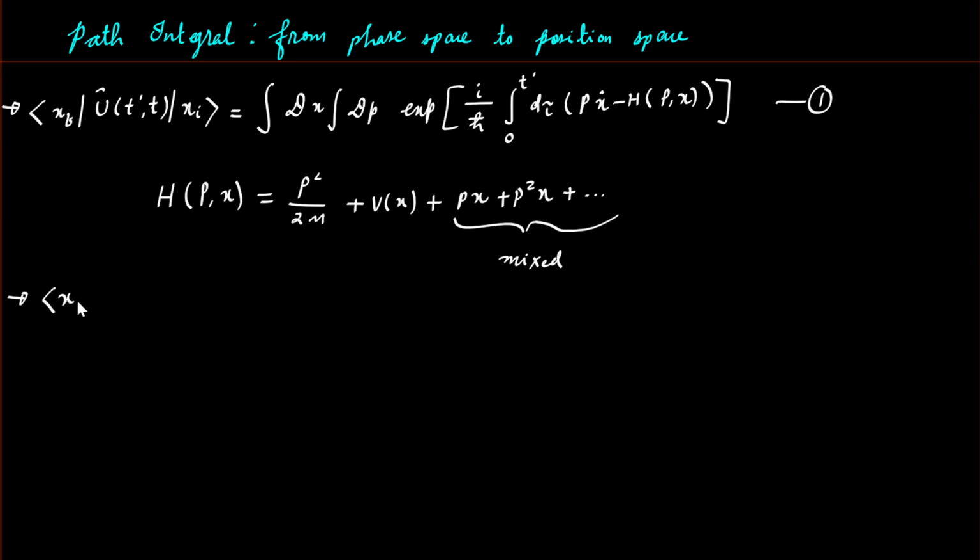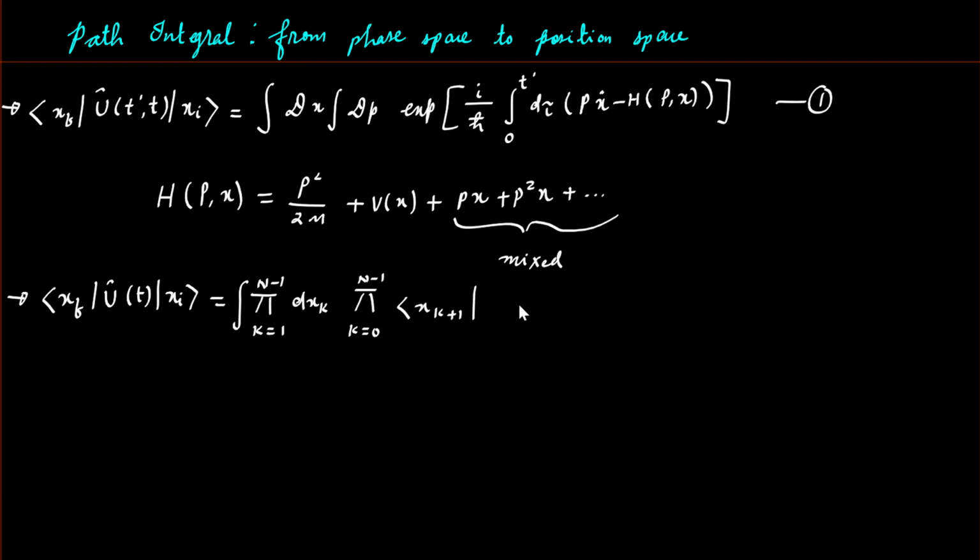We have the equation of the form: the amplitude of x_f, e to the power minus i delta t over h cross times the Hamiltonian operator, x_i, is equal to the integral, product from k equal to 1 to n minus 1 of dx_k, product from k equal to 0 to n minus 1 of the matrix element of x_{k+1}, e to the power minus i delta t by h cross times Hamiltonian operator, x_k.